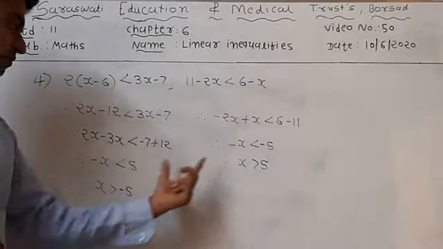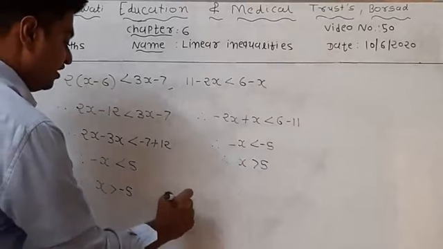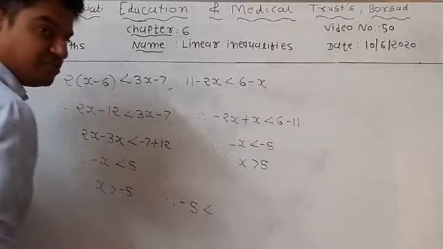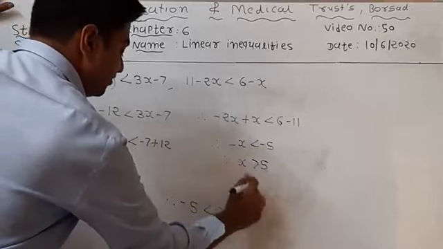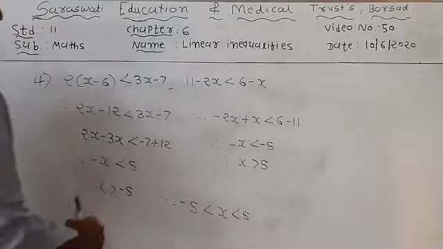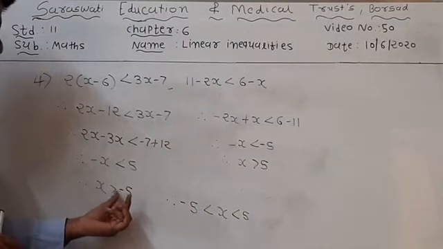Now, combining both these inequalities, we could write minus 5 less than x less than 5. Here minus 5 is the smallest number and x is the biggest number.